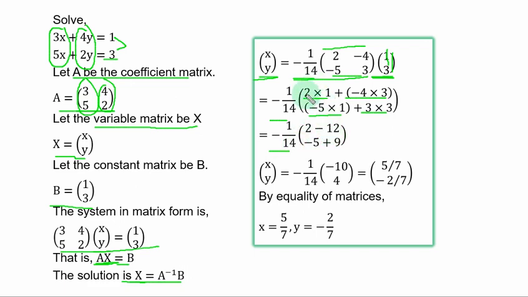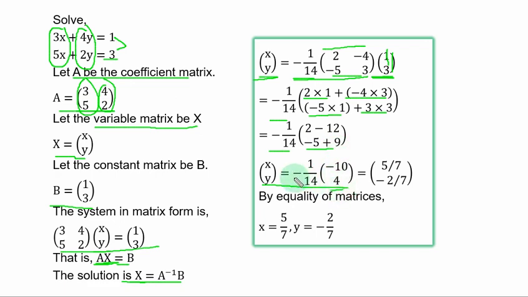From here, 2 times 1 is 2, plus times minus is minus, 4 times 3 is 12. Then here is minus 5 plus 9. You continue and you have this result. 2 minus 12 is minus 10, minus 5 plus 9, you have plus 4.